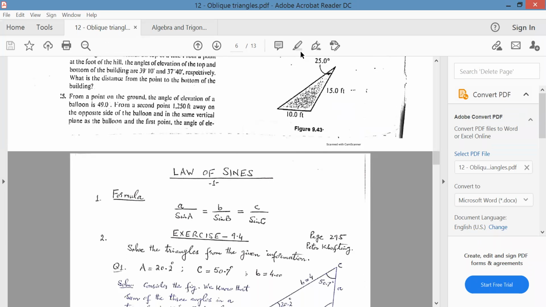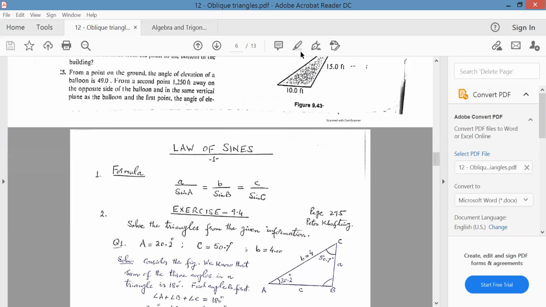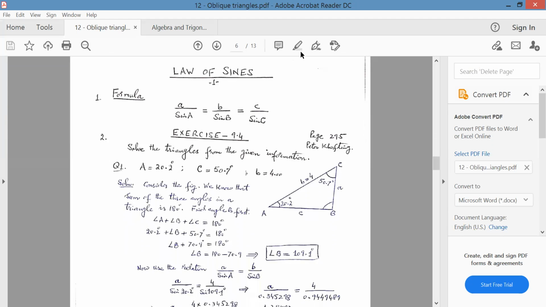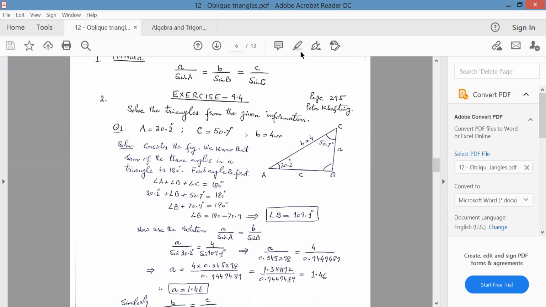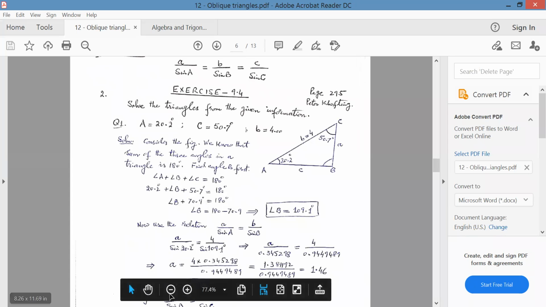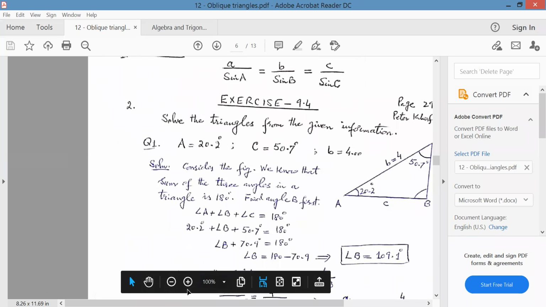Now, question number 1. This exercise is 9.4 and solve the triangles from the given information. See, the triangle is in front of you.